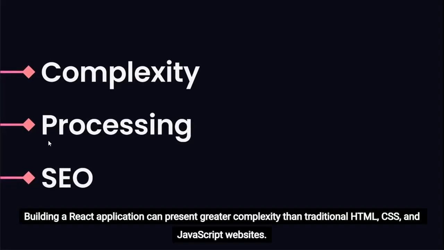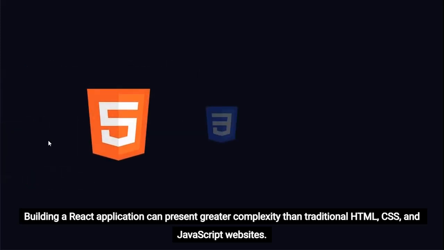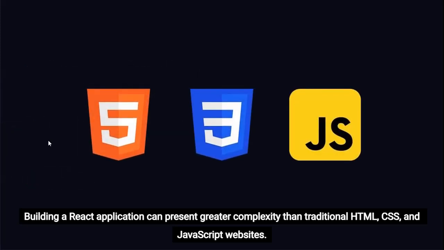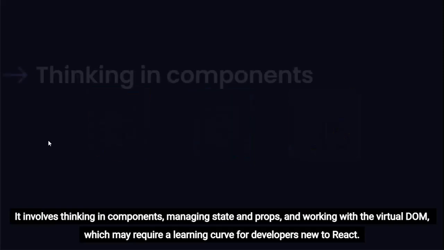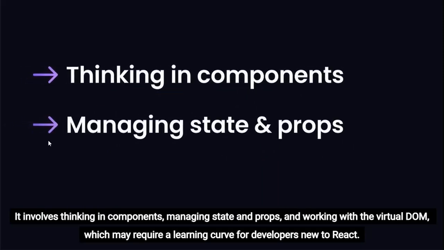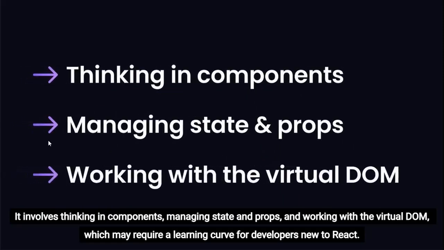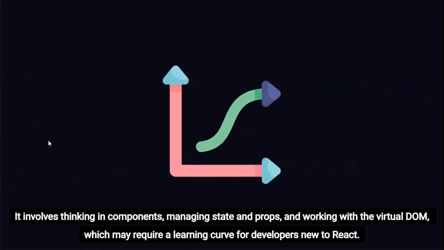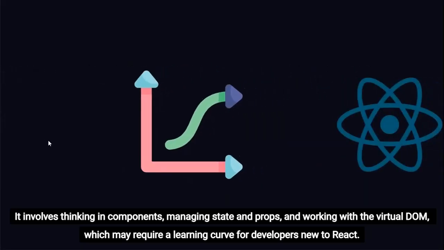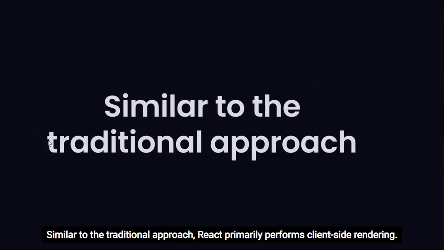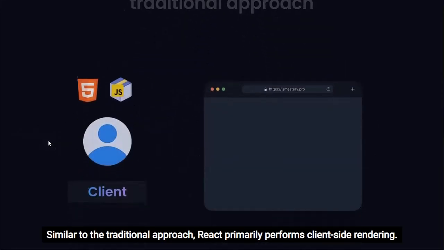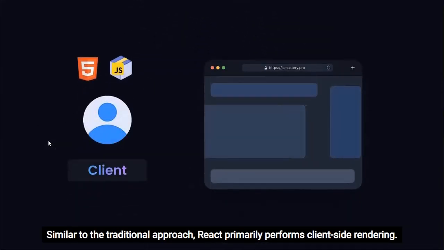Building a React application can present greater complexity than traditional HTML, CSS, and JavaScript websites. It involves thinking in components, managing state and props, and working with the virtual DOM, which may require a learning curve for developers new to React. Similar to the traditional approach, React primarily performs client-side rendering.